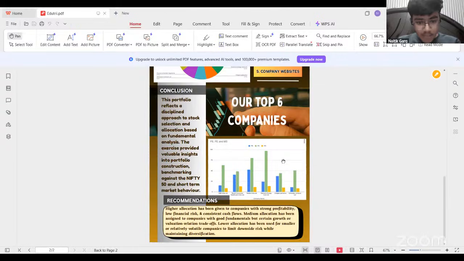And these are my recommendations: more allocation to financially stable firms with steady earnings, medium exposure to companies which are growth-constrained stocks, and minimum allocation to volatile companies, to prevent risk and ensure diversification. Thank you. Thank you very much.